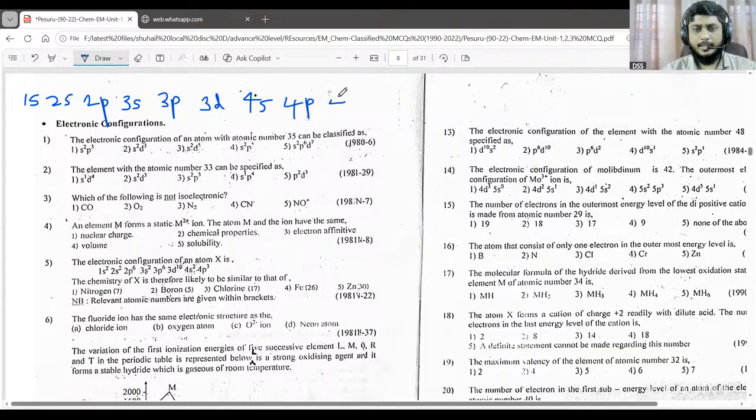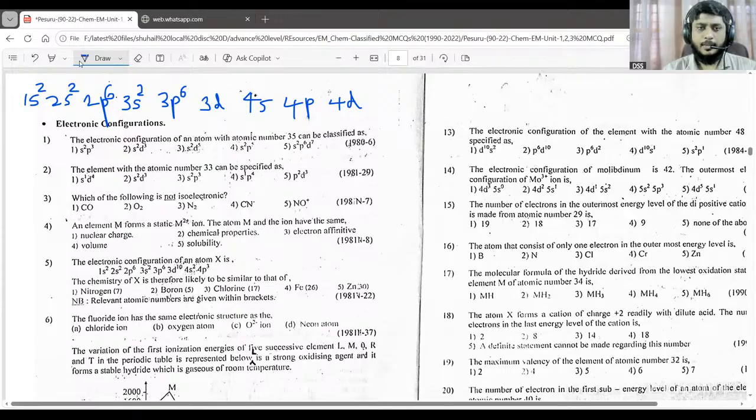Write in this order. Now you have to fill 35 electrons. 1s can take 2 electrons, 2s 2, 2p 6, then 3s 2 and 3p 6.